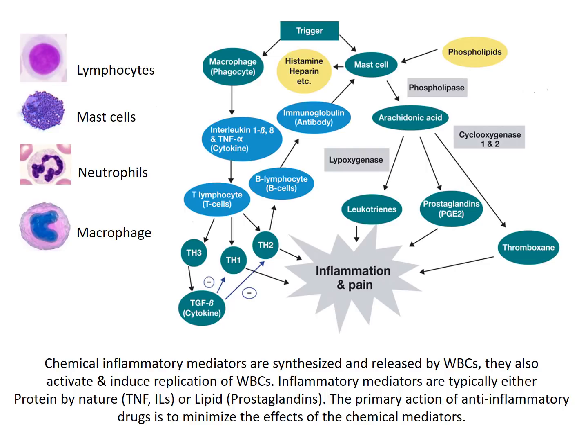The lipid mediators, the leukotrienes, the prostaglandins, the thromboxanes, we tend to see that taking more of a role in acute inflammation. The protein mediators, the interleukins, tumor necrosis factor in particular, tending to play more of a role in chronic inflammation and definitely playing more of a role in chronic autoimmune inflammation.